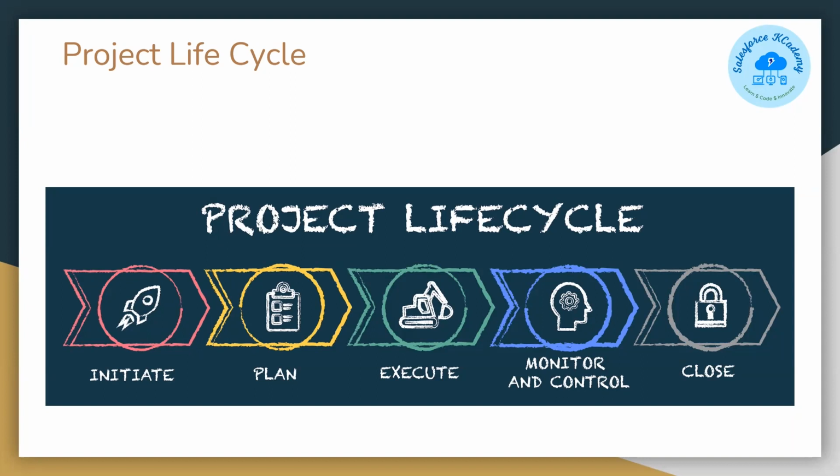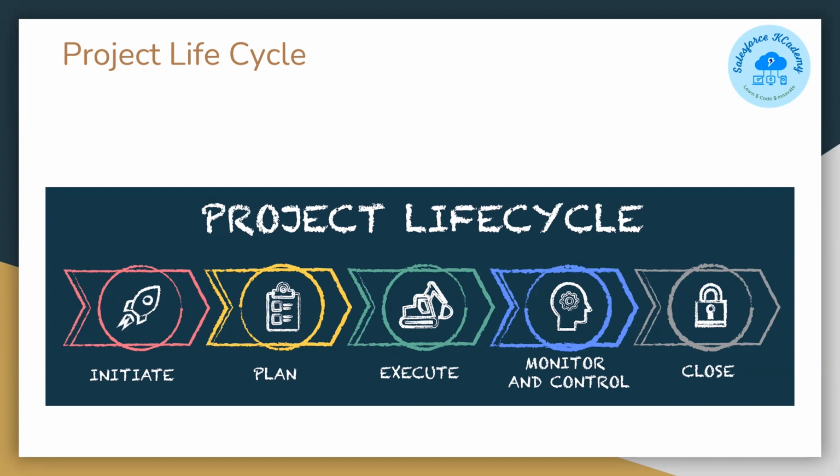Then execute. Once the resources are allocated with certain tasks in the planning phase, then it comes to the execution. So each individual has their own assigned tasks, their own assigned stories. In terms of software, we generally say tasks are stories.